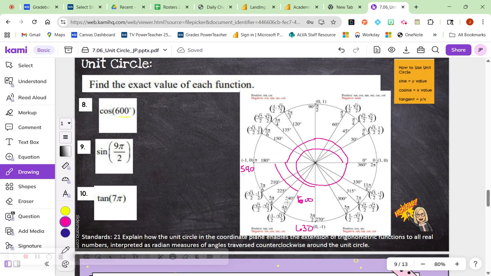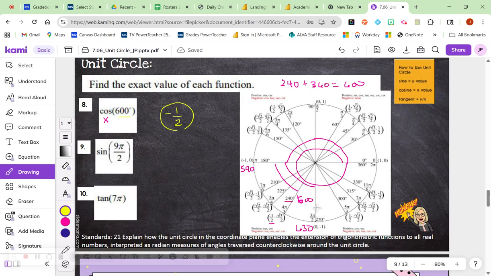Another way to look at that is you can take this 240 and you can add one whole revolution, which would be 360, and that would give us 600 degrees. So we're talking about this angle right here, and we're looking for cosine, which is the x value. So that means we only want the x value from the ordered pair, and that's negative 1/2.